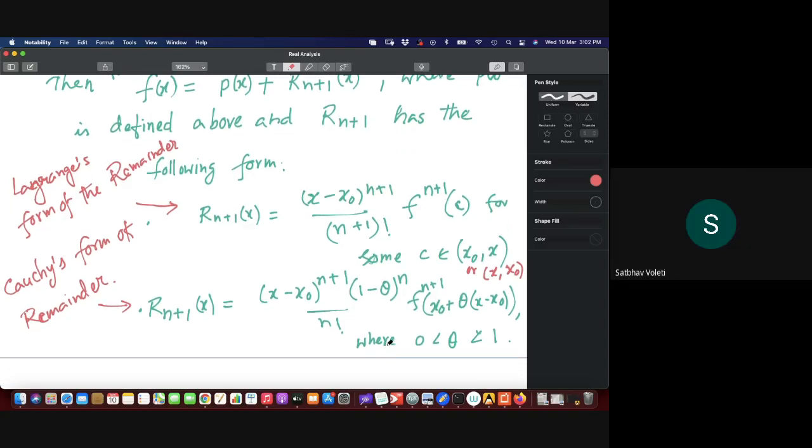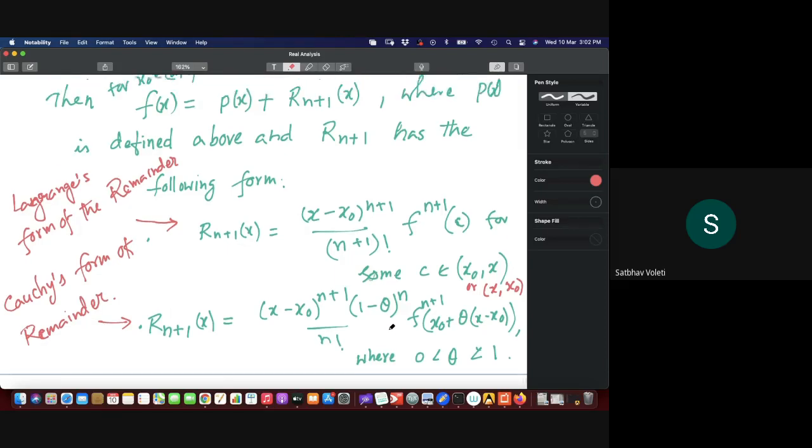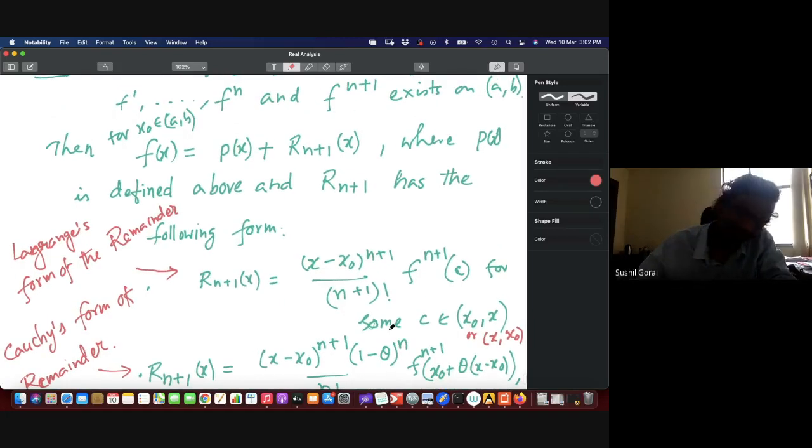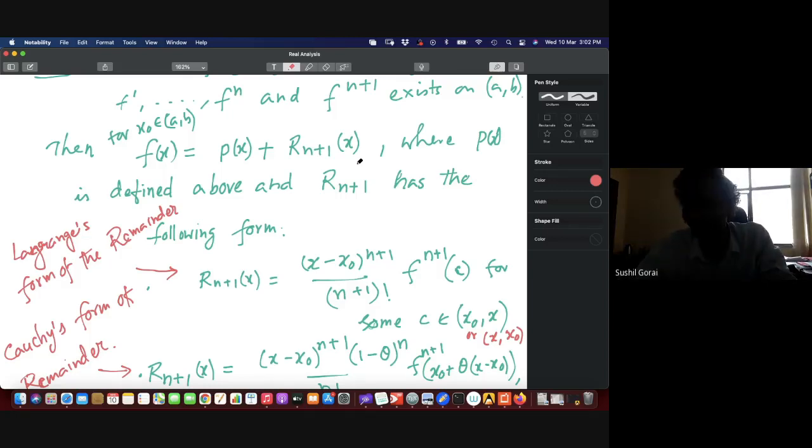So this f(x) equal to P(x) plus R_{n+1}(x) holds for all x in (a,b), right? This is true, but R_n is not small except in a neighborhood of x naught. So you will not get the approximation if you go beyond a small neighborhood.